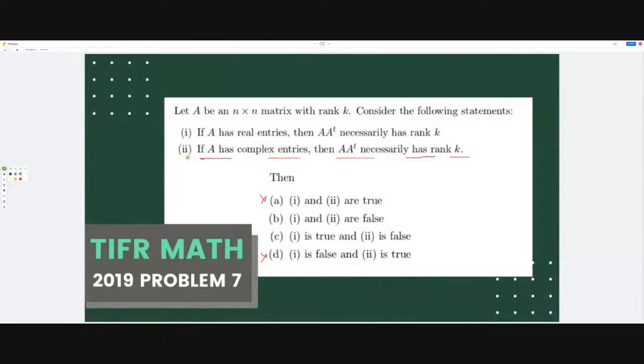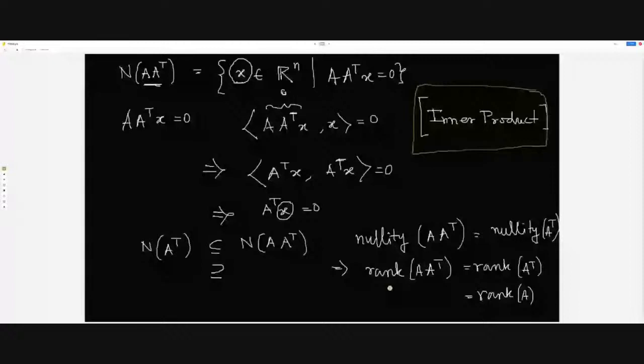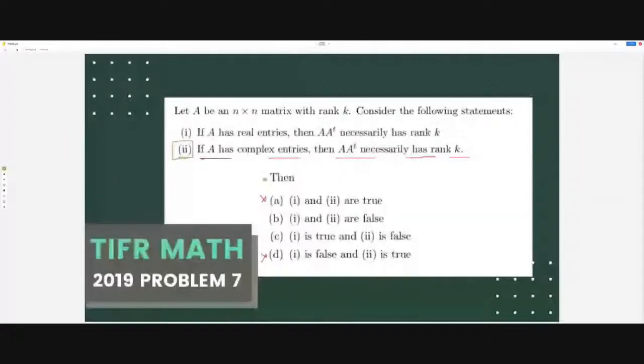Indeed, if A has real entries, then A A transpose has necessarily rank K. So thus 1 is true and 2 is false.